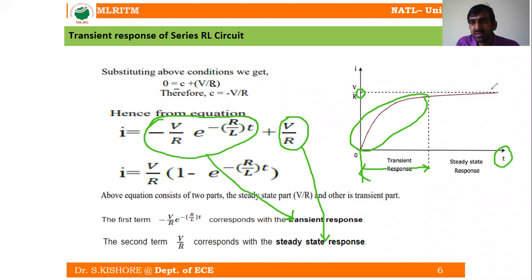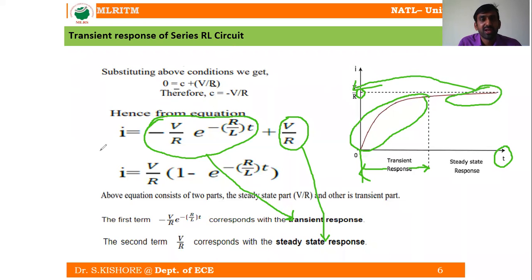Steady state means it is going to settle at some value, and that value is V by R. So this is the final expression for the transient current of a series RL circuit with DC excitation.